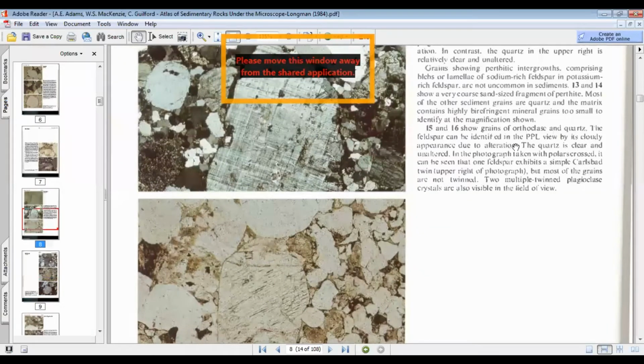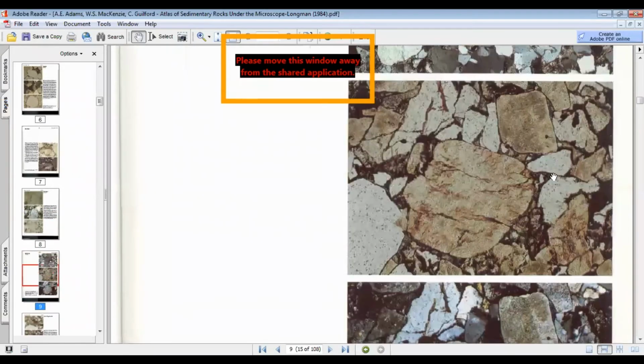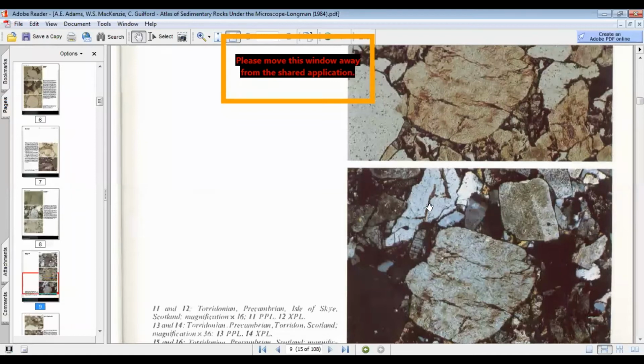The feldspar can be identified in the PPL view by its cloudy appearance due to alteration. Let's go to the next.